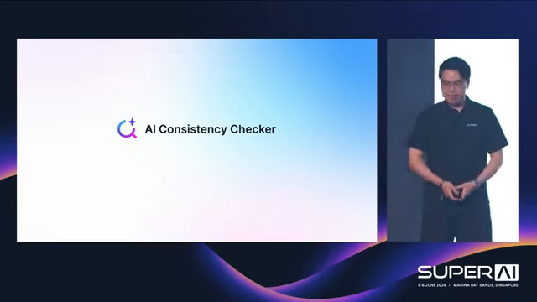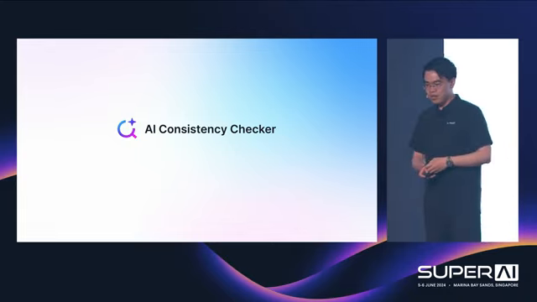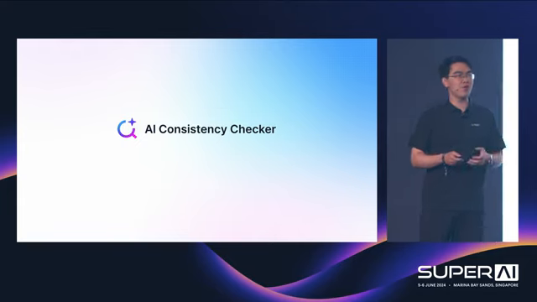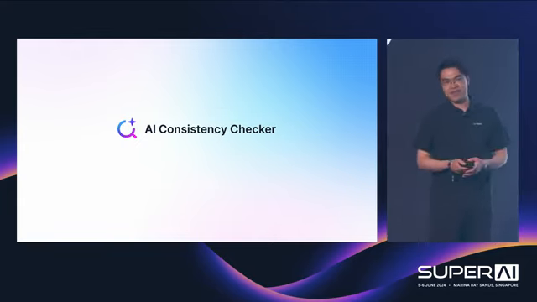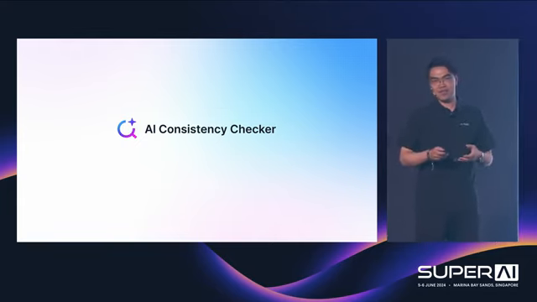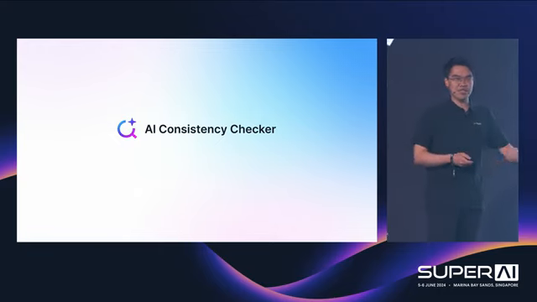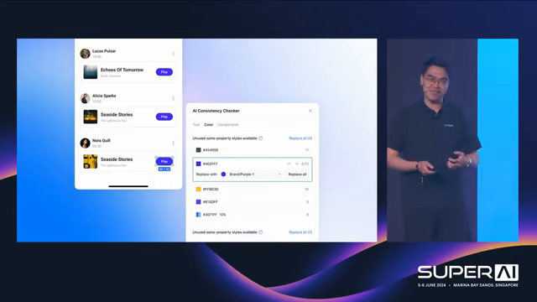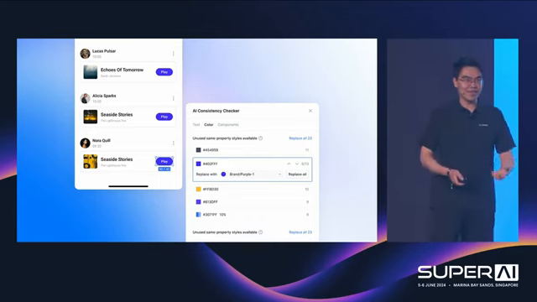Next part, consistency checker. I think this term should not be strange to you because all of us have used many kinds of checkers, like the spelling checker, the Grammarly checker. So it's intuitive that we should have a checker for UI design.